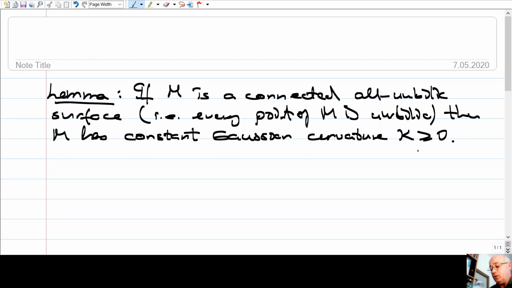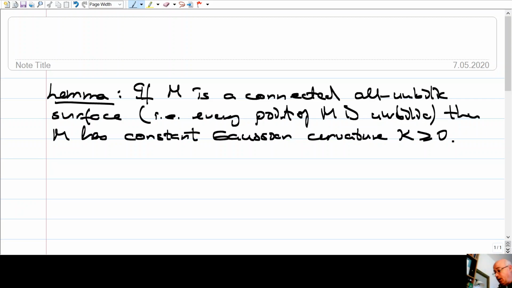Of course, once it is constant, it is positive. It is non-negative because umbilic means principal curvatures K1 and K2 are equal to each other, and Gaussian curvature is the product of these two curvatures. In this case, it will be just K1 squared. Therefore, it is non-negative. So we proved this last time. We will continue from this point.